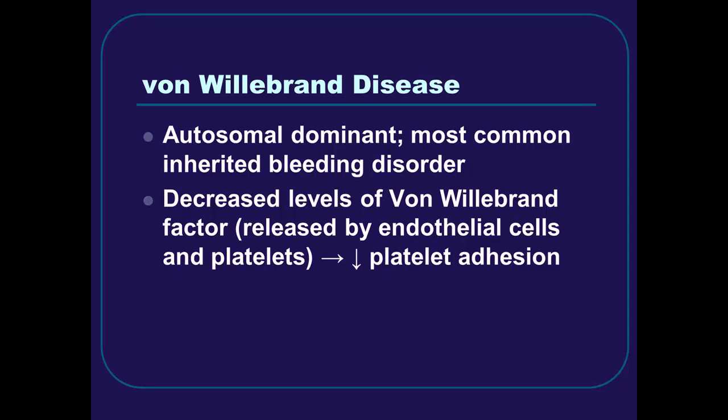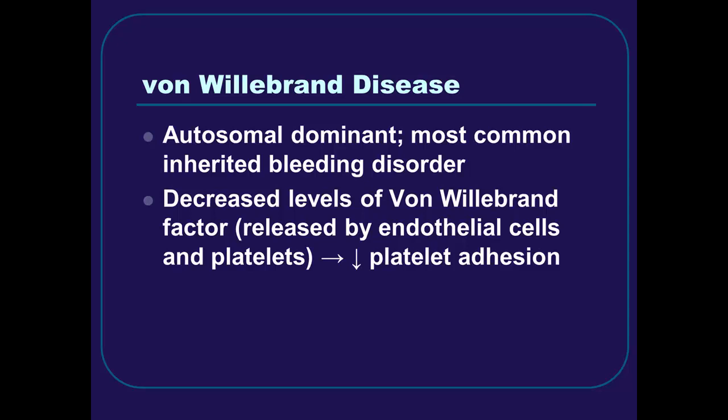Von Willebrand disease is once again an autosomal dominant disorder, but this is an inherited bleeding disorder characterized by the lack of von Willebrand factor. So again, autosomal dominant, we need one gene, not gender linked.